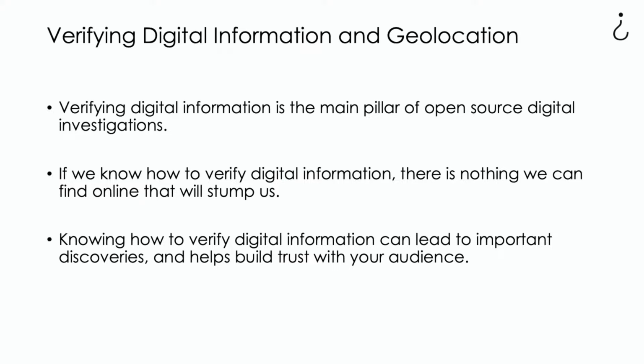Knowing how to verify digital information can lead to very important discoveries. I think we at Bellingcat showed that several times, but also by giving people transparency in the way that we work, it builds trust with the audience.